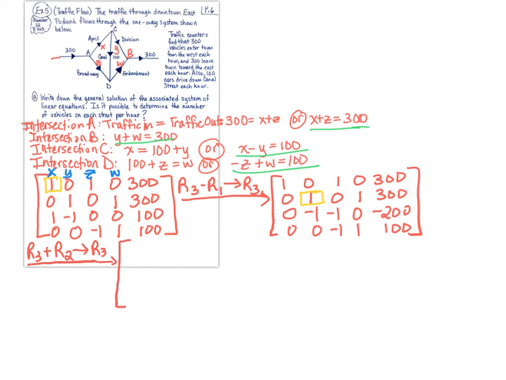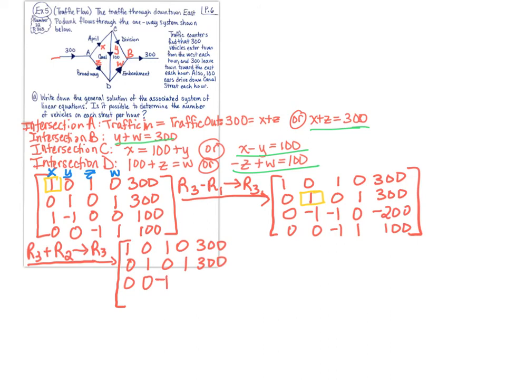Remember, we're starting out with the row we're changing. So this is going to become 1, 0, 1, 0, 300. Doesn't change. Row 2 doesn't change either. So we have 0, 1, 0, 1, 300. Row 3 is going to change. So we have 0 plus 0, 0. Then we have negative 1 plus 1 gives us 0. Then we have negative 1 plus 0 gives us negative 1.